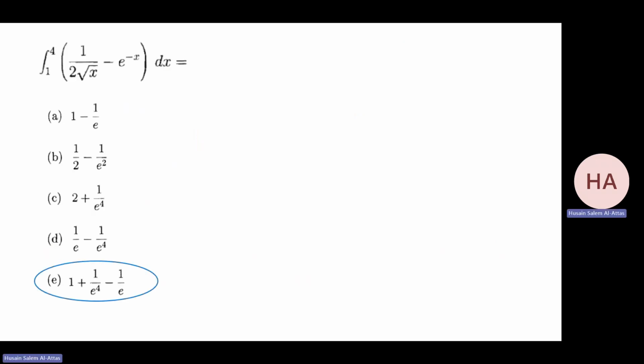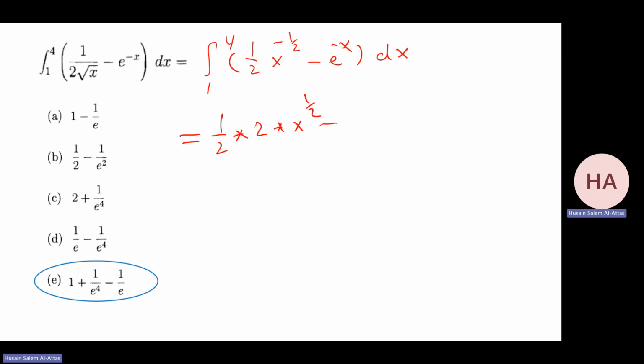Now it's the next integral. First rewrite it. That will be x to the power minus half, minus x. That will make it easy to do the calculation. I add 1 to the power and multiply by the reciprocal: 2 times x to the power half, and this one plus is minus x squared over 2. All of this from 1 to 4.